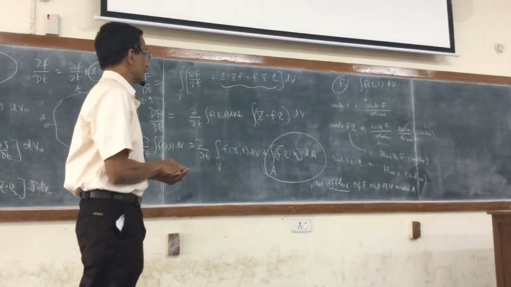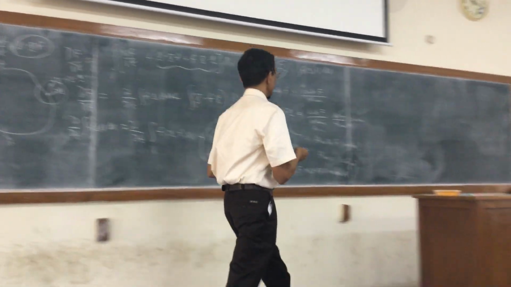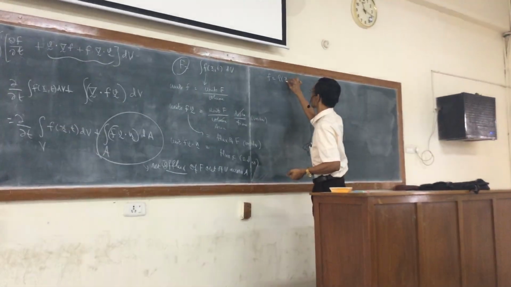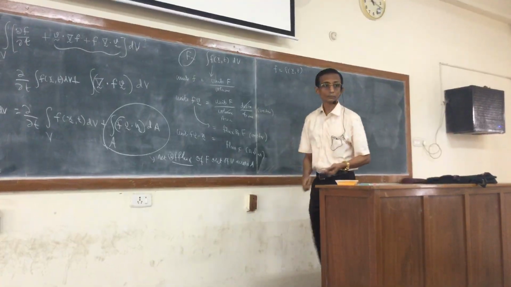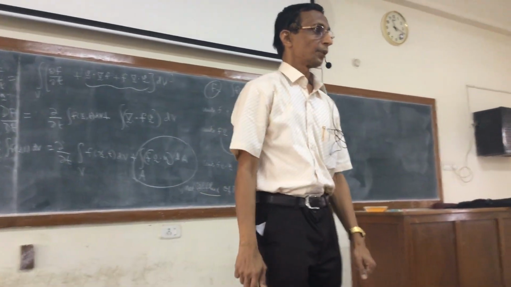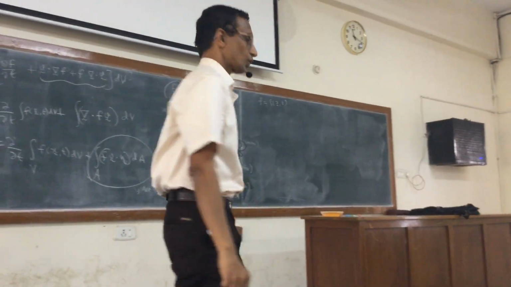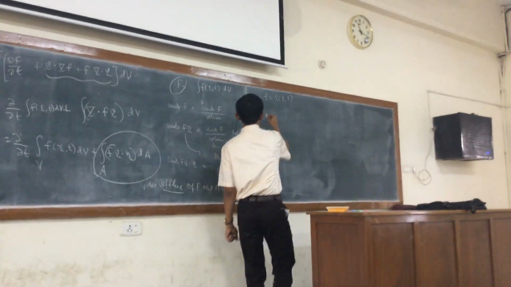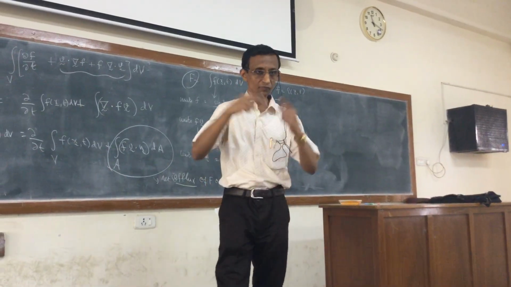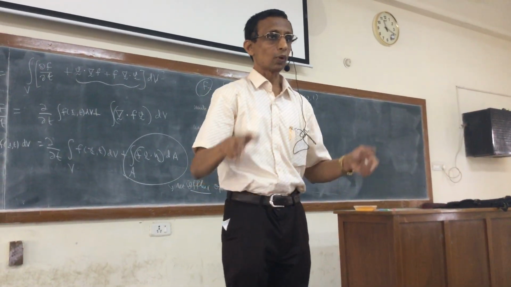Now we can easily give an example. Suppose let's say we take F equal to the density, the mass density. Now clearly, if I take F, what would then capital F be? It's the mass of the fluid inside the volume.